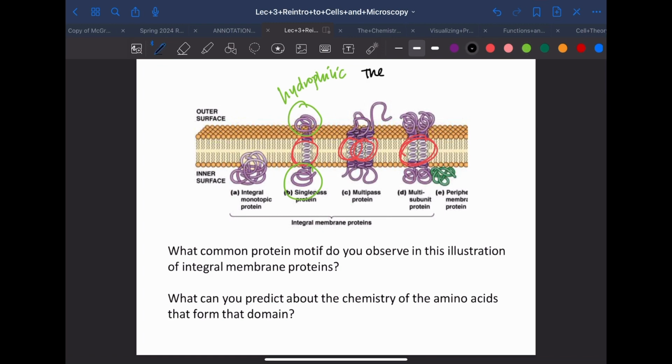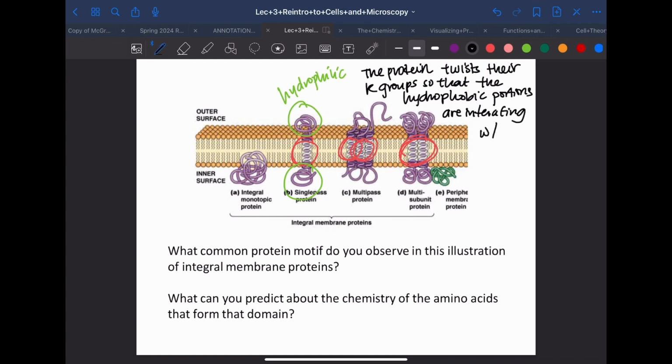The protein twists their R groups so that the hydrophobic portions are interacting with the hydrophobic tails, right?